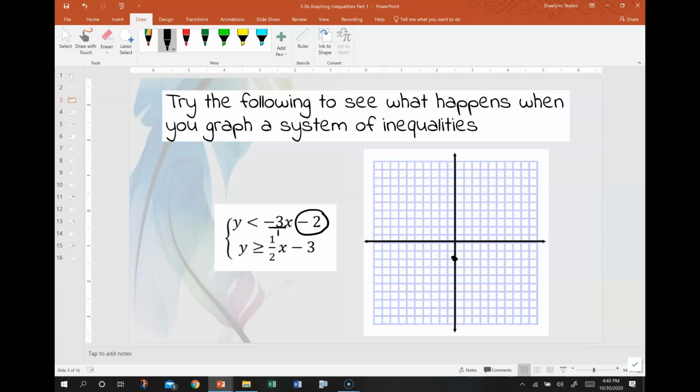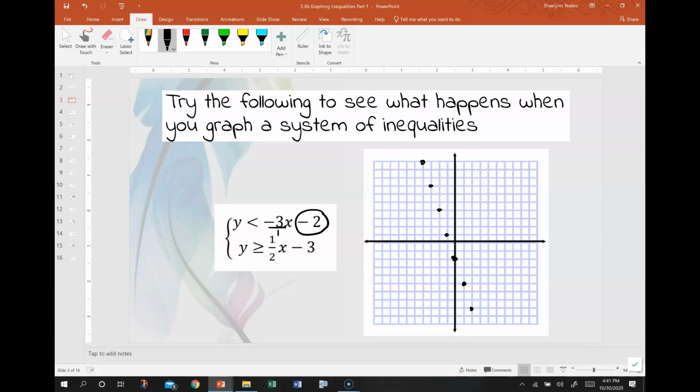So 1, 2, 3, down, right 1, or if I want to go the other way, I go 3 up, and then left 1, because left is the negative x. Now I'm going to go 3 up, 1, 2, 3, left 1, and I'm actually going to go until I run out of graph in both directions.